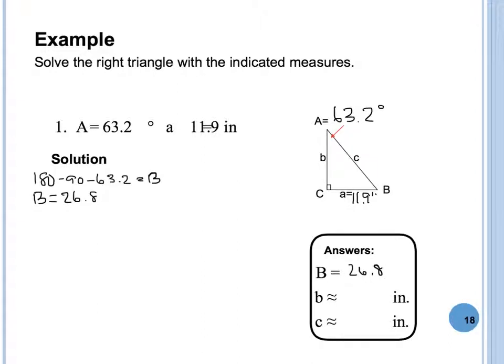Okay, but now I need to find at least one of the other sides. And let's see, from my 63, I have opposite, and maybe I'll go find hypotenuse. So opposite and hypotenuse is the sine. Opposite is 11.9 over C. And I have this nice ratio here where I can cross multiply.